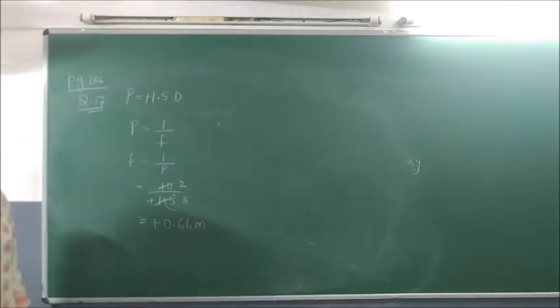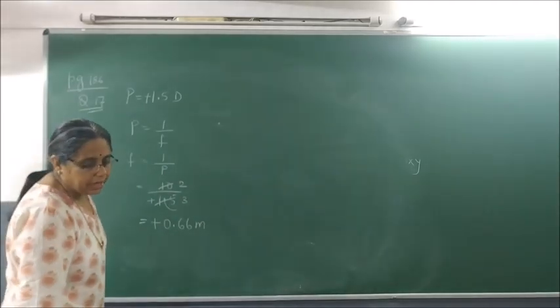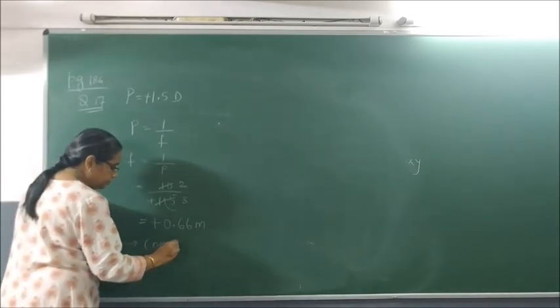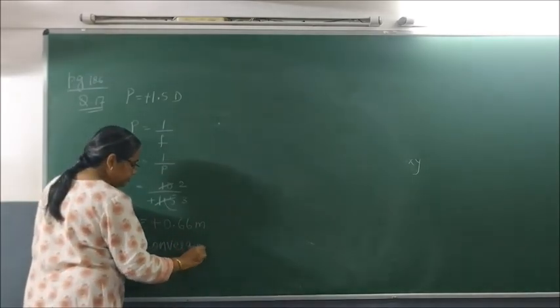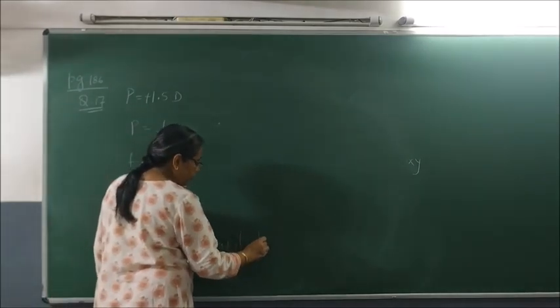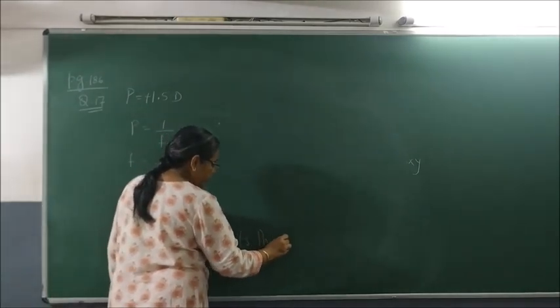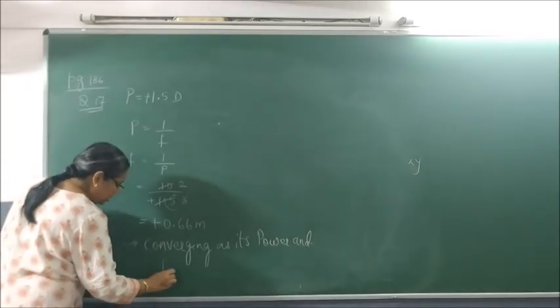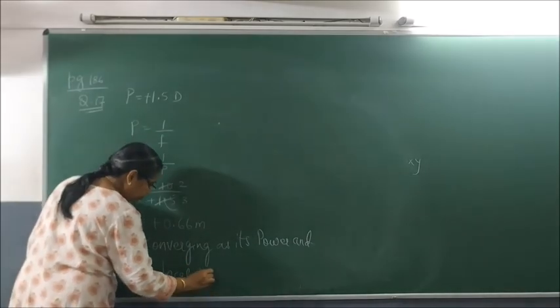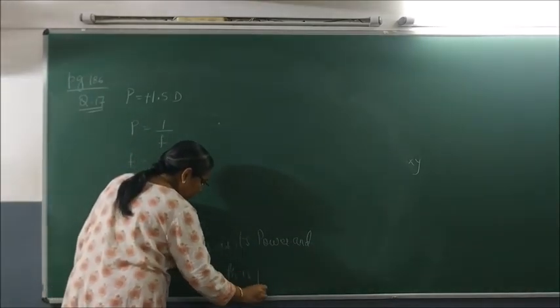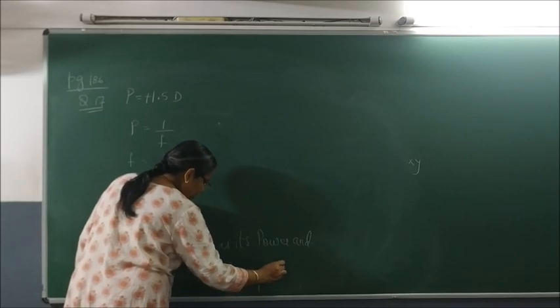Next part. Is the lens converging or diverging? The lens is converging, as its power is positive, and its power and focal length are positive.